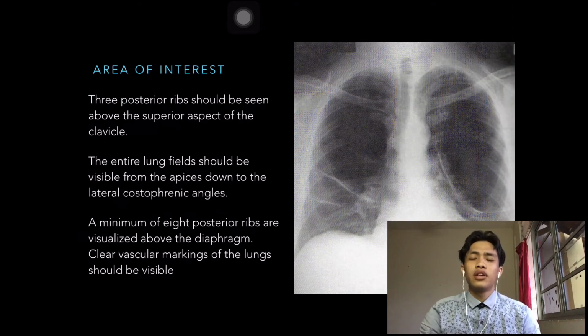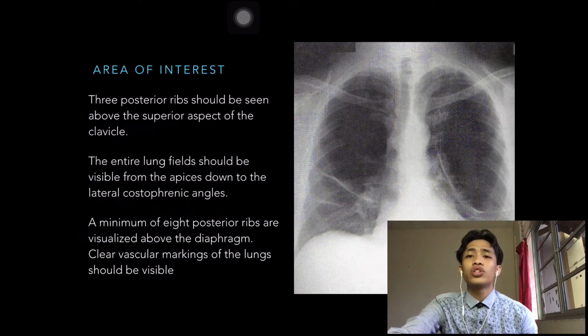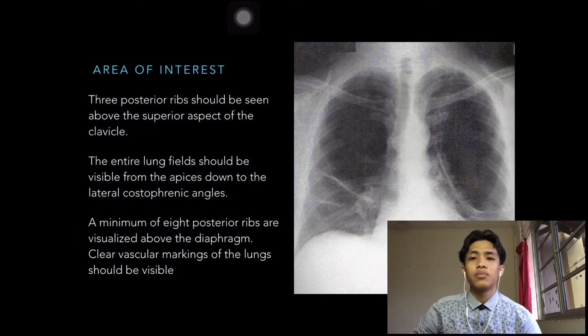And the placement A stands for area of interest. What should be seen on our radiograph? The 3 posterior ribs should be seen above the superior aspect of the clavicle. The entire lung field should be visible from the apices down to the lateral costophrenic angles, and a minimum of 8 posterior ribs are visualized above the diaphragm.